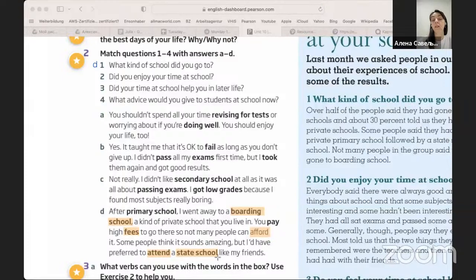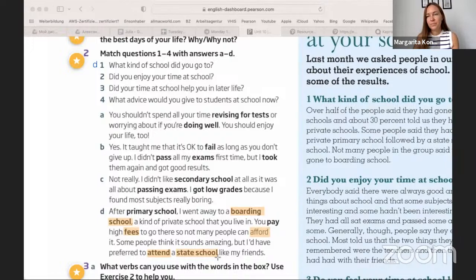Oh, she attends a state school. Yes, that's right. Very good. And you, did you used to attend a state school or a private school? Oh, I attended a state school too.